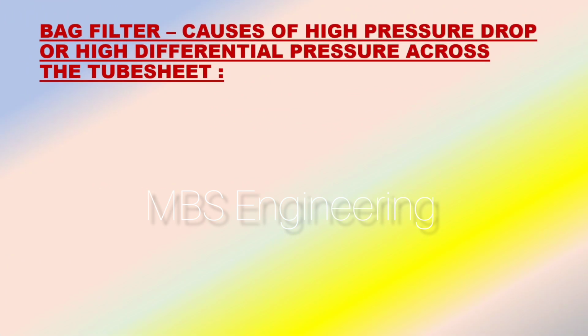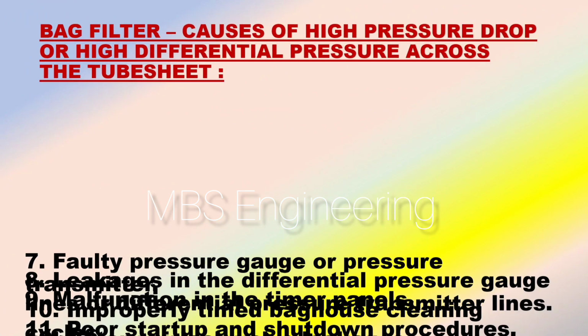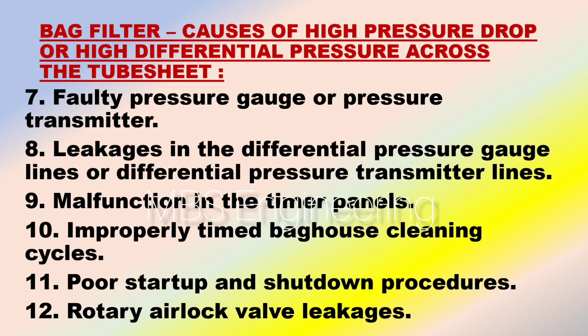Next, we are going to discuss and understand the cause of high pressure drops or high differential pressure issues in the bag filter or baghouse. How to resolve the high pressure drop or high differential pressure issues. The main causes are listed and given below. Point number 7. Faulty pressure gauge or pressure transmitter. Point number 8.